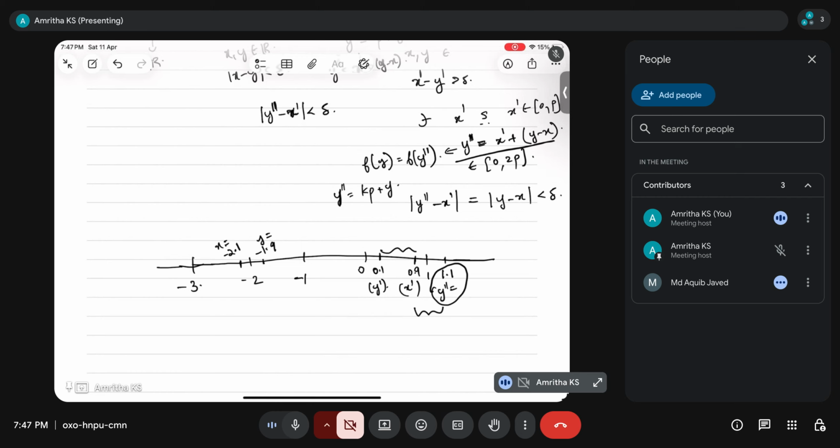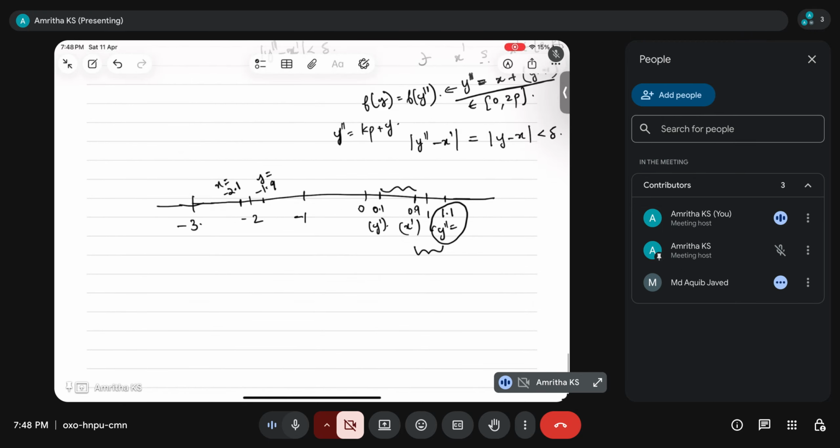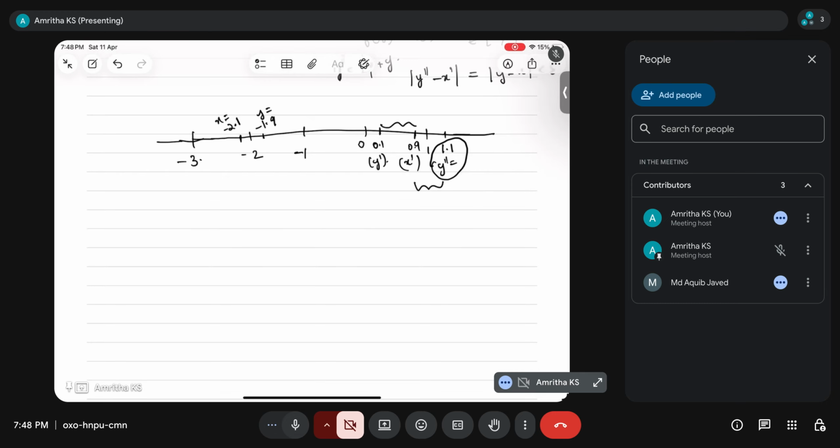Okay, so maybe we can do one more exercise. Are you aware of a continuous function which is not differentiable anywhere?